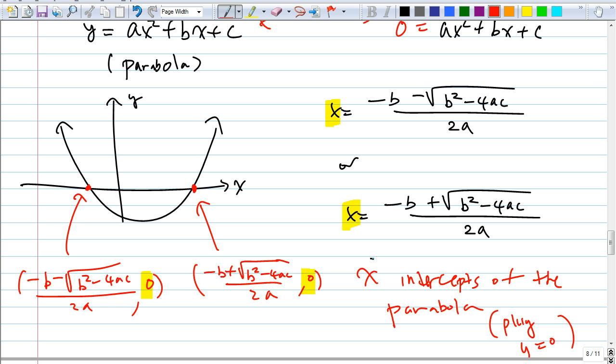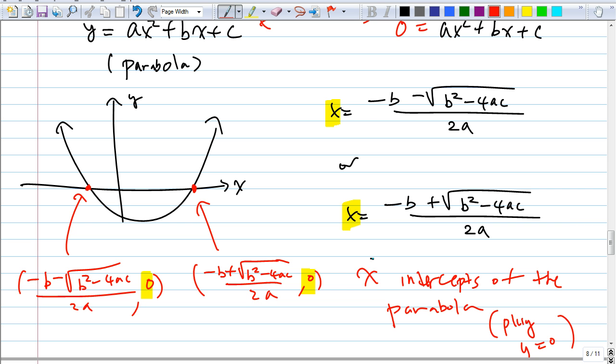No. Some parabolas won't. When would it not have any roots? When the vertex is above the x-axis. If the parabola opens upward and the vertex happens to be above the x-axis, sometimes you won't get any roots. That's okay. When will it not have any roots? There's another case. John?